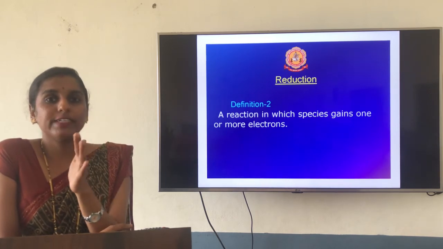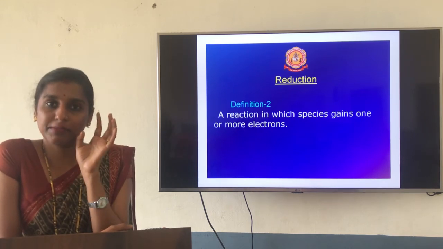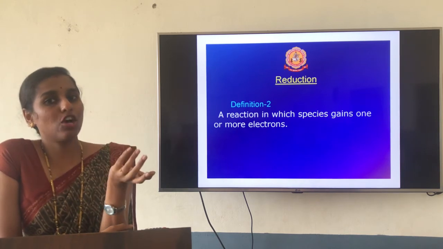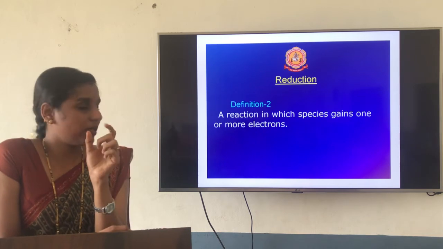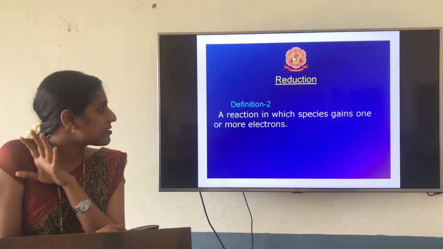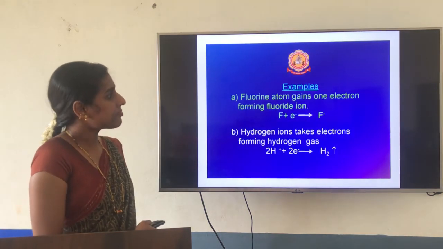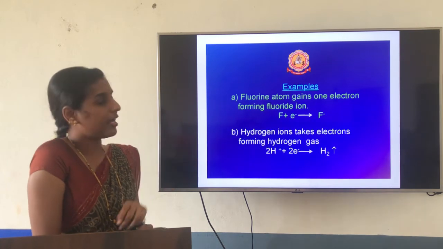So when you go with the electronic concept of oxidation and reduction, remember this term: OIL RIG. Oxidation is losing of electrons, reduction is gaining of electrons. Just one term I have given, just to remember the concept. That's it. Now we will go with an example. Here, how does a fluorine atom become a fluoride ion?